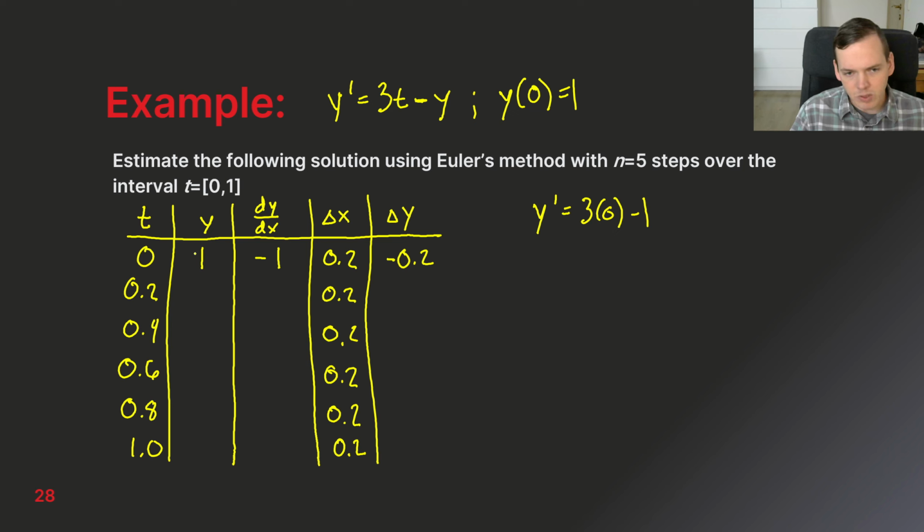Now I know my next point is going to be 0 plus delta x, 0.2, and 1 plus delta y, 0.8. Then I can easily plug in my next values: 3 times 0.2 minus 0.8.